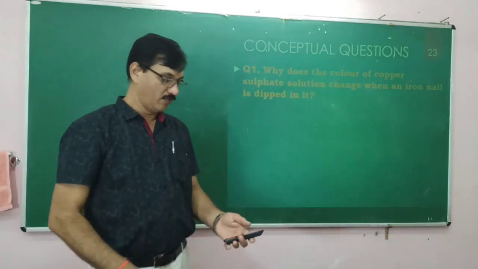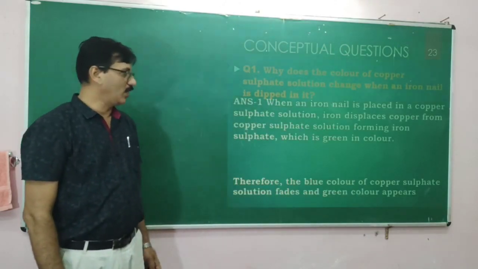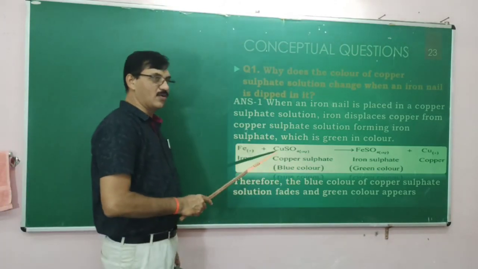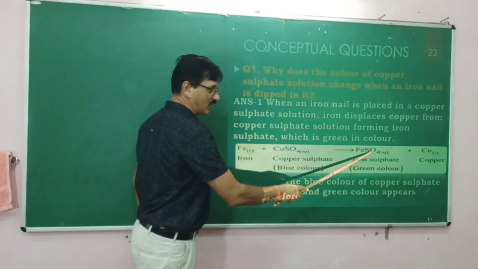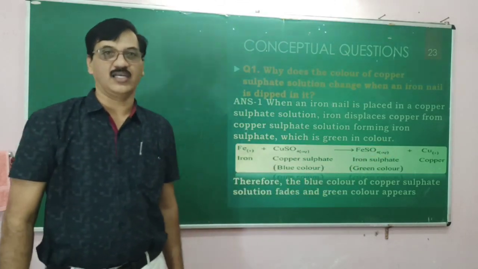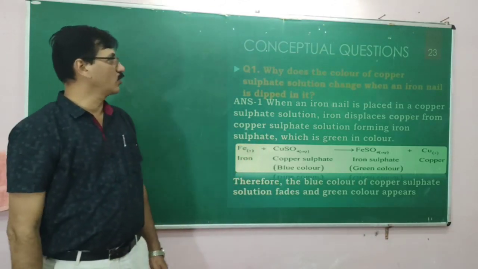Copper ions will be converted into copper, whereas iron is converted into iron sulfate. This is green in color, and you have to substantiate your answer with a chemical equation, right? So this is the answer to this question.